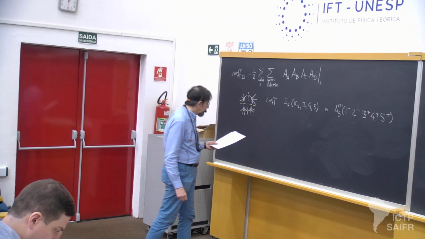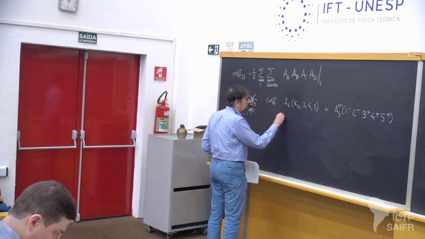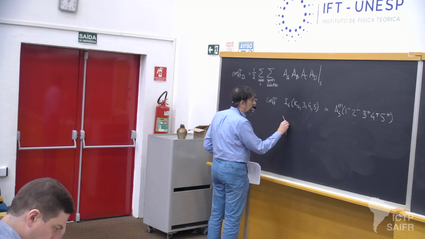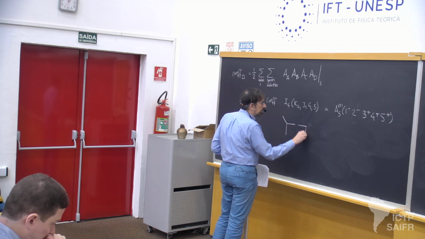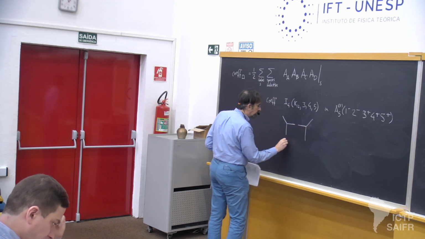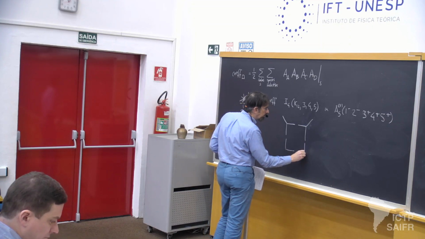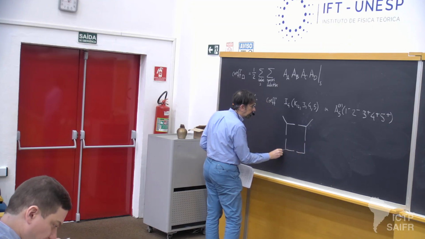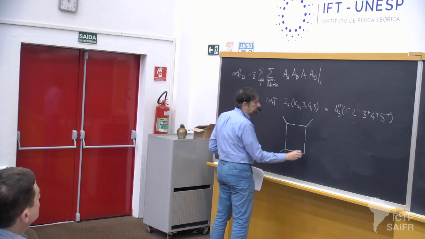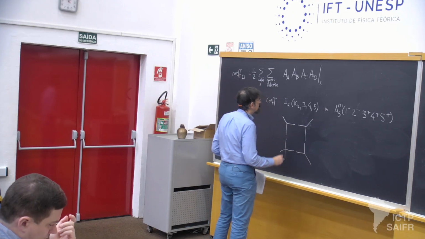And we're going to look at the quadruple cut. So let me draw it here large so we can decorate it. So let's label things.